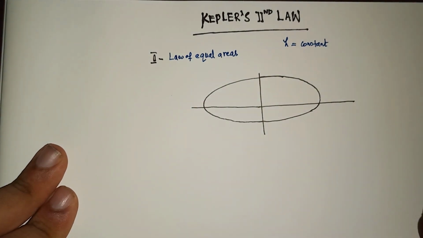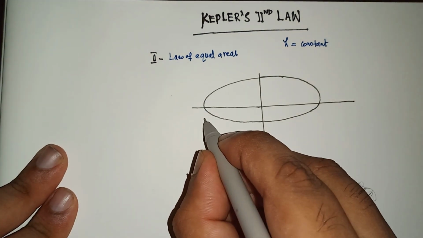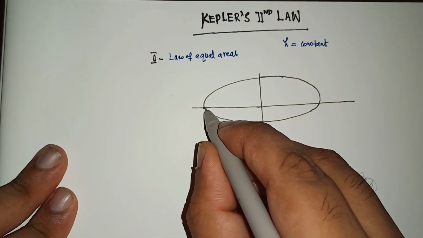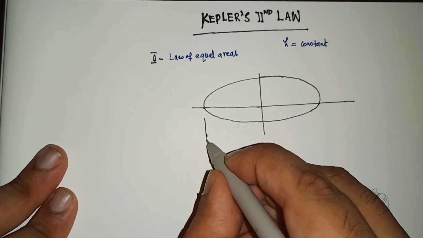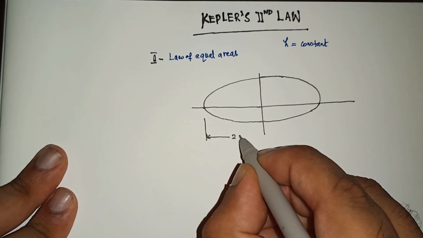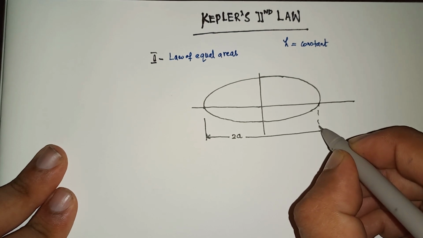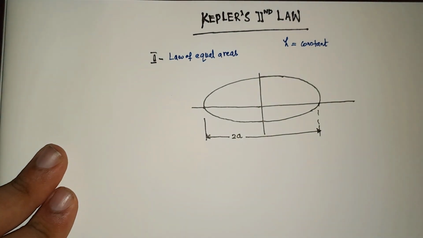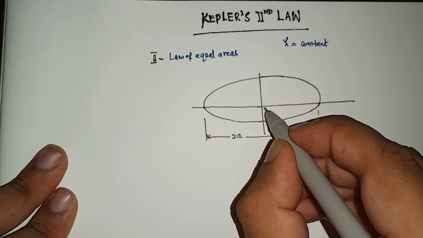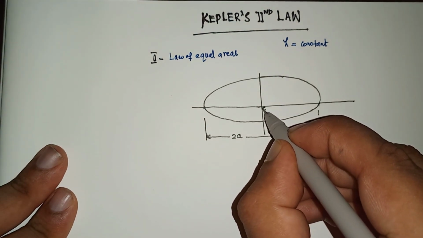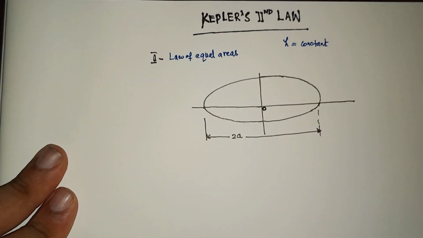Now I'll mark the points. From this point to this point you have, let's say, 2a, that is the major axis distance. Let's say this is the center, this is C here, or you can take O. Okay, you can take it as O.